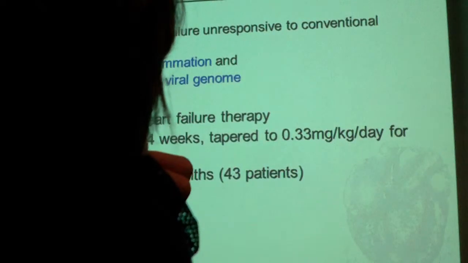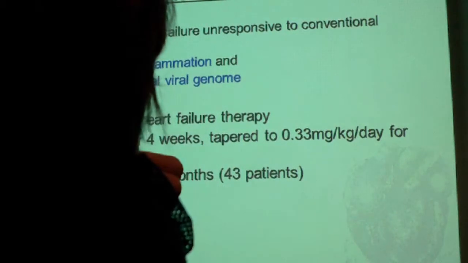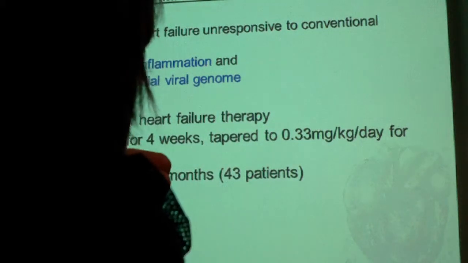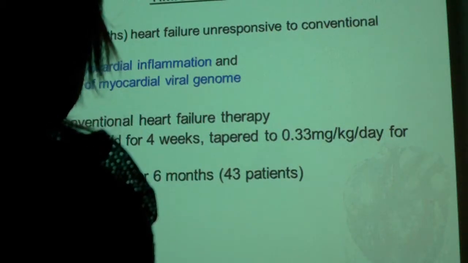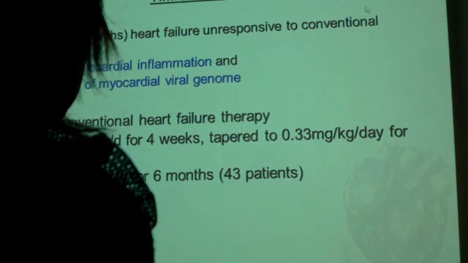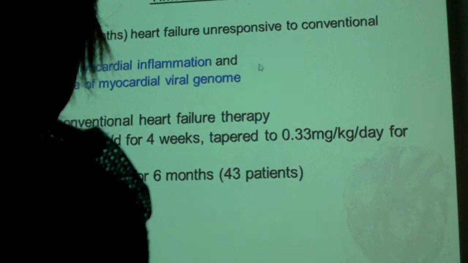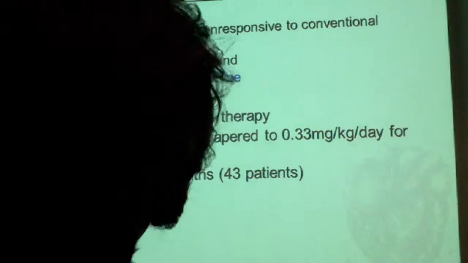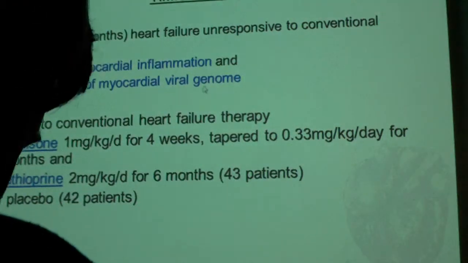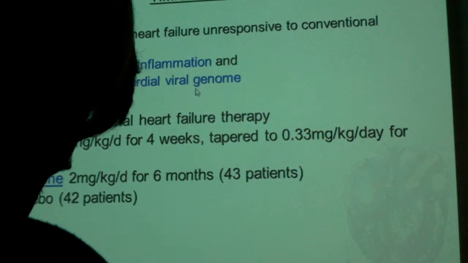This is a more recent trial from Professor Frustaci in Italy, where he looked at patients with dilated heart failure unresponsive to conventional therapy. They also took biopsies, and then they selected patients with inflammation but without the presence of viral genome. So that's actually the autoimmune group.